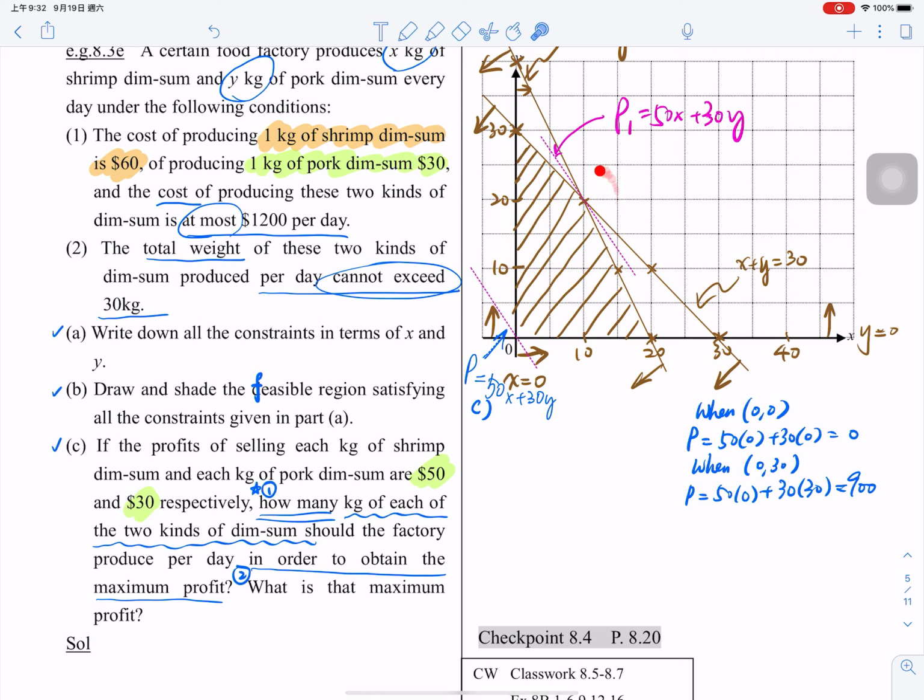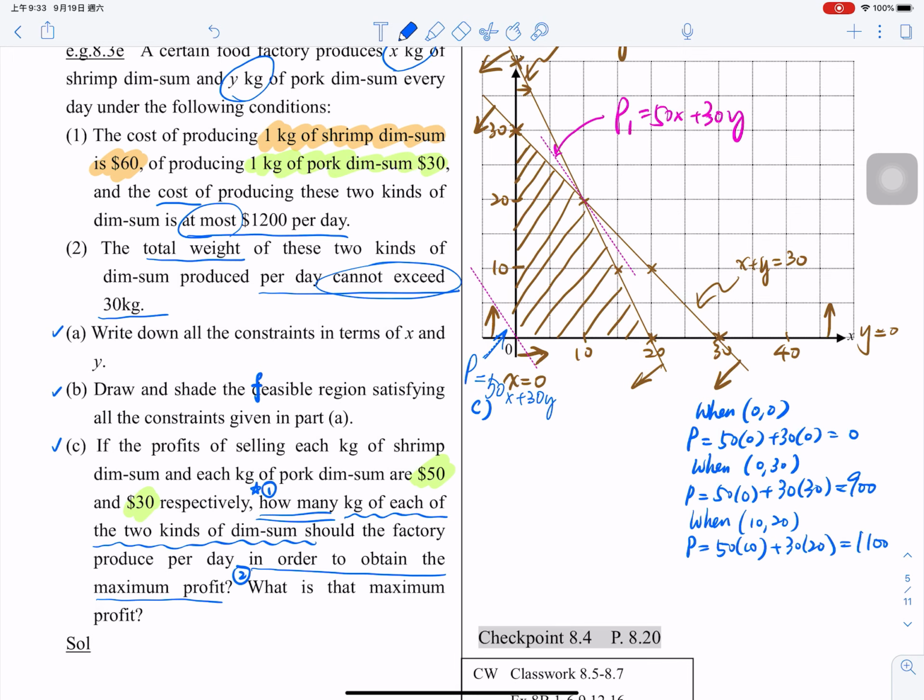How about this point? 10, 20. So P equals 50 times 10 and then 30 times 20. Is it 1,100? It should be 500 and 600 added together.